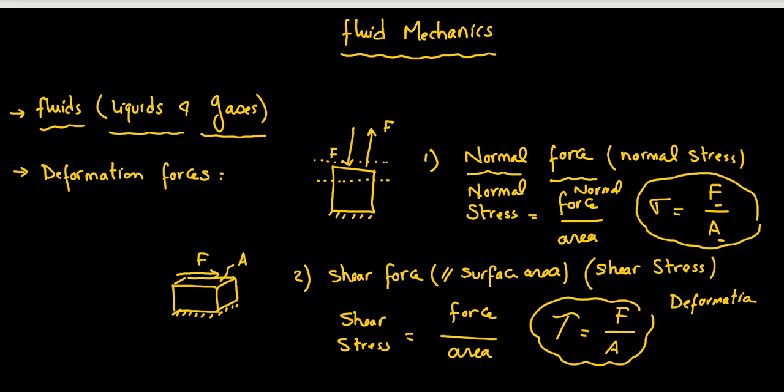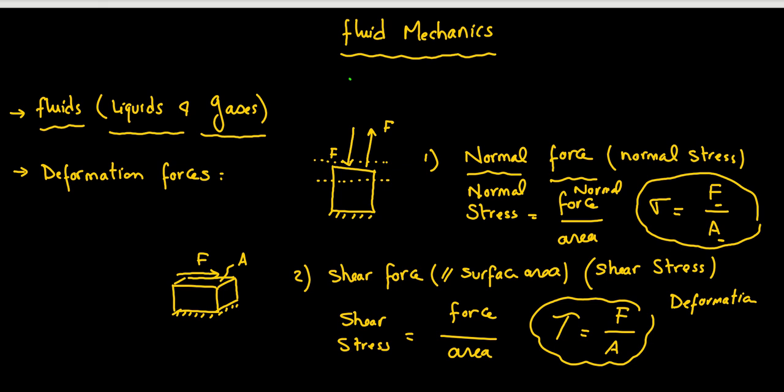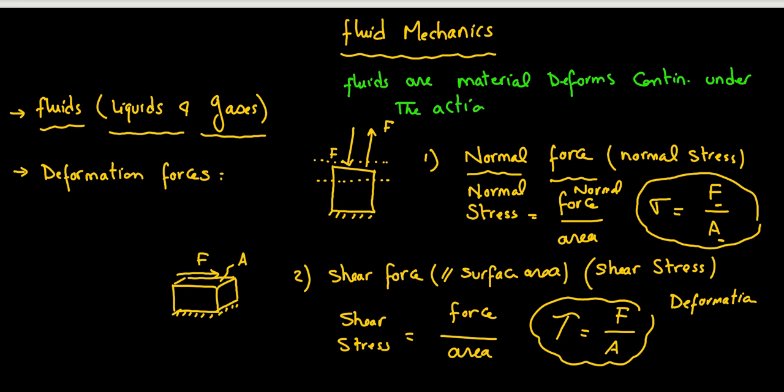So when you go back to the original definition of a fluid, let me write it in a different color, maybe a green one. If you go back to the definition of fluid, we said fluids are materials that deform continuously under the action of.